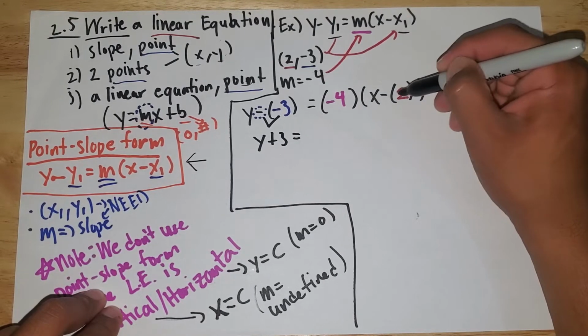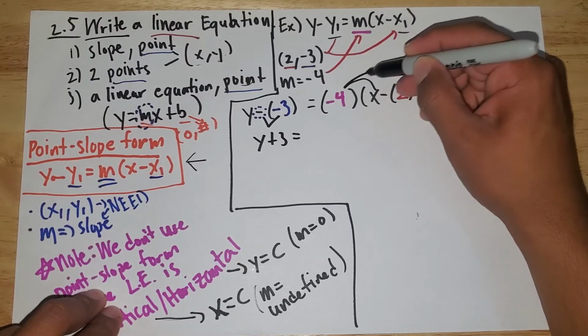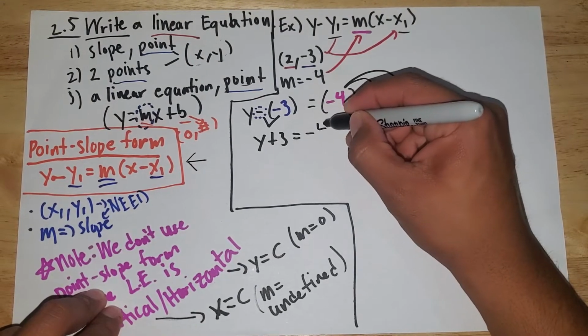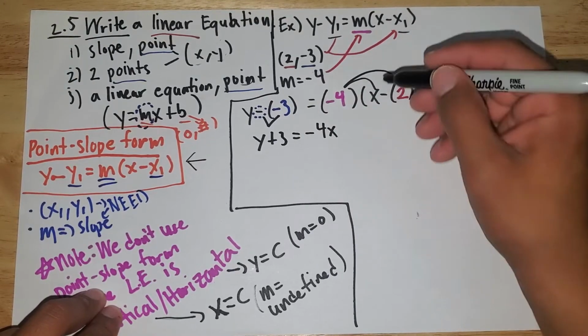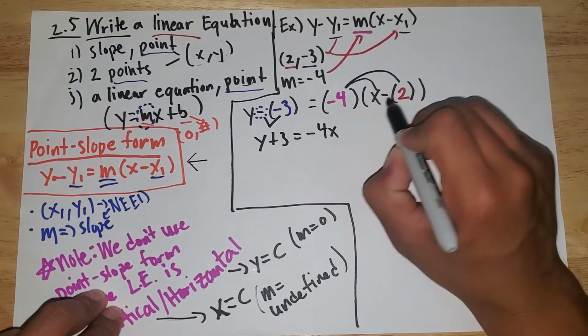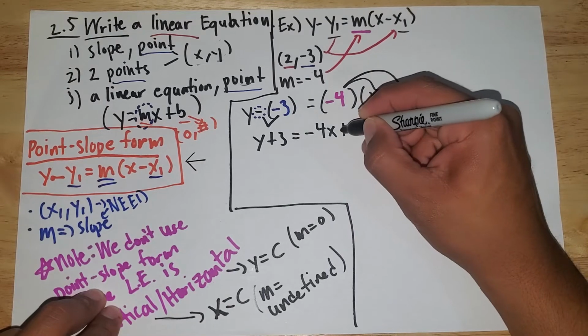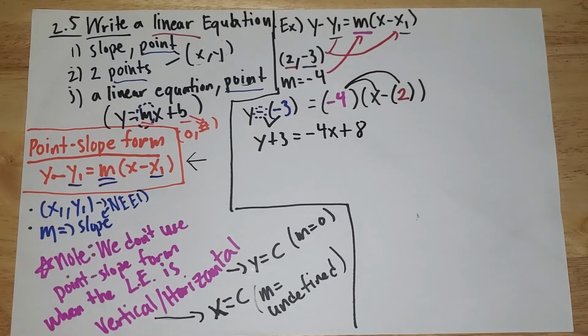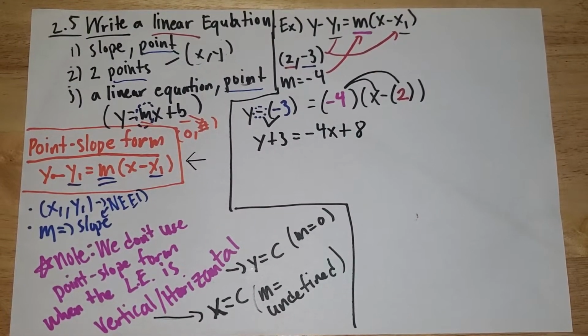This is still going to be x minus 2, but then I will distribute this -4, which will leave it with -4x. And then I'm going to end up multiplying this negative with that negative, which will leave me with a positive 8.